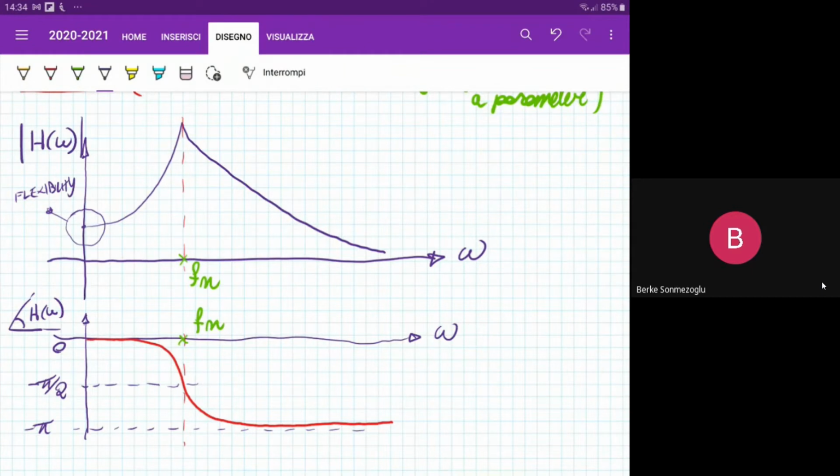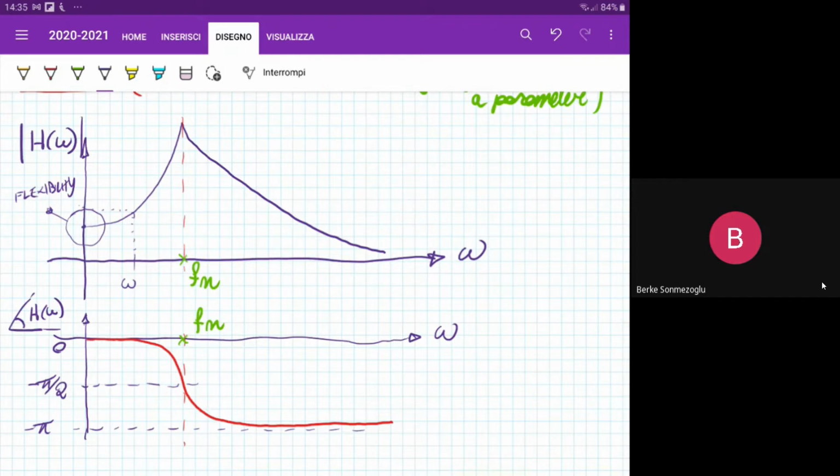Okay, so what is happening here is that if we choose one omega, for example, the one here, the amplitude of the response is a little bit higher with respect to the amplitude of the response when I am exciting that structure with a harmonic excitation characterized by a 0 frequency. That is a static force. Why that?